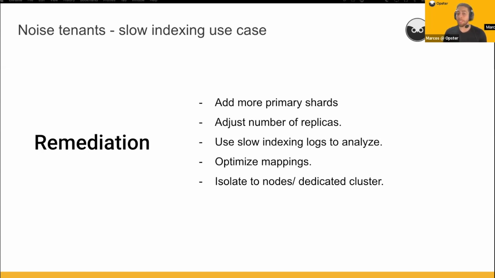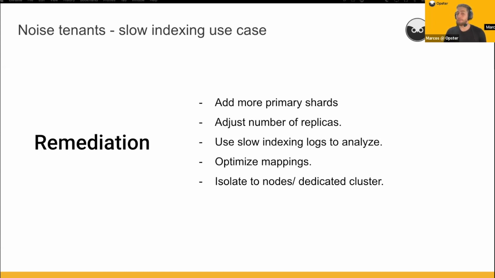And adjusting mappings is an important part as well. Having a well-defined mapping can avoid problems like field explosion, where you have too many fields in your index. It will avoid storage issues, because the default mapping of Elastic may create too many data structures you don't need, or unwanted structures.